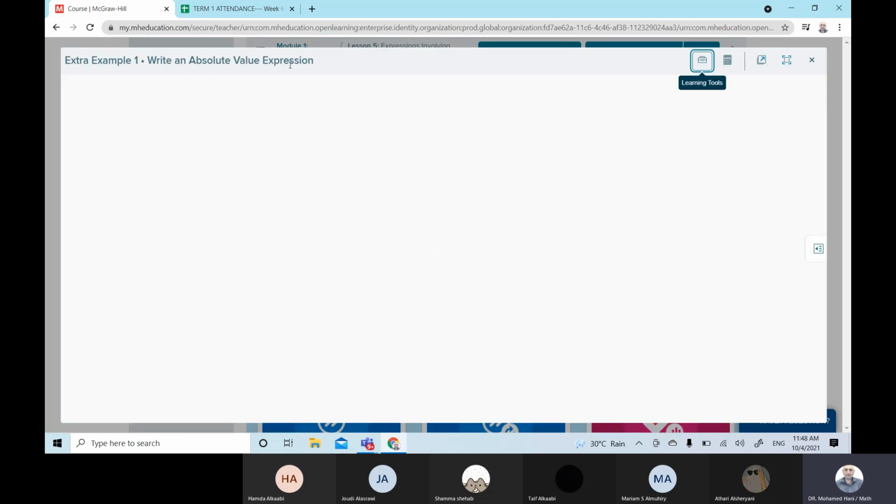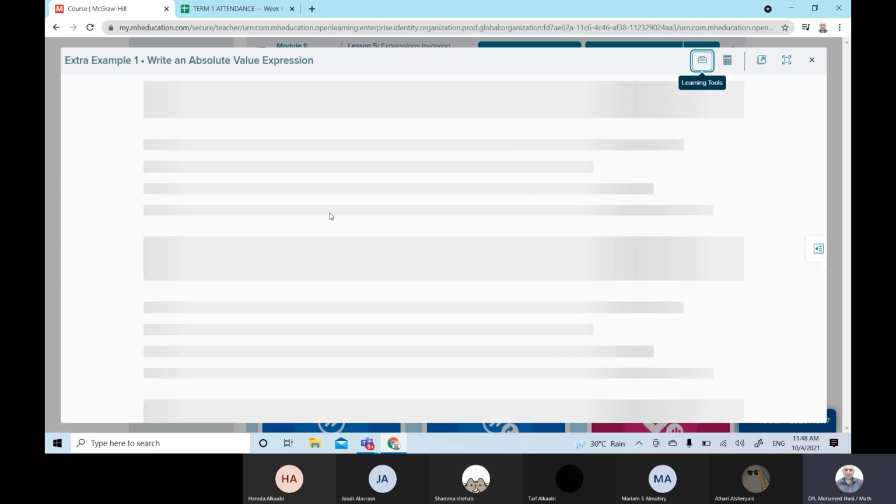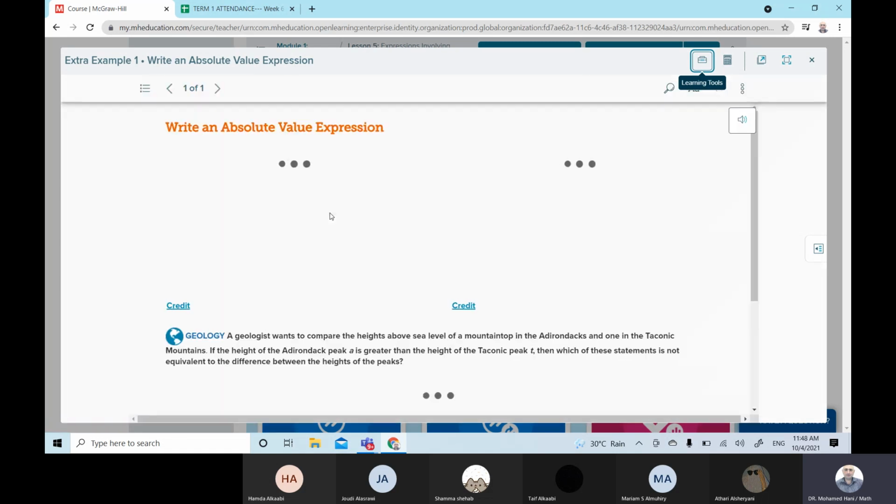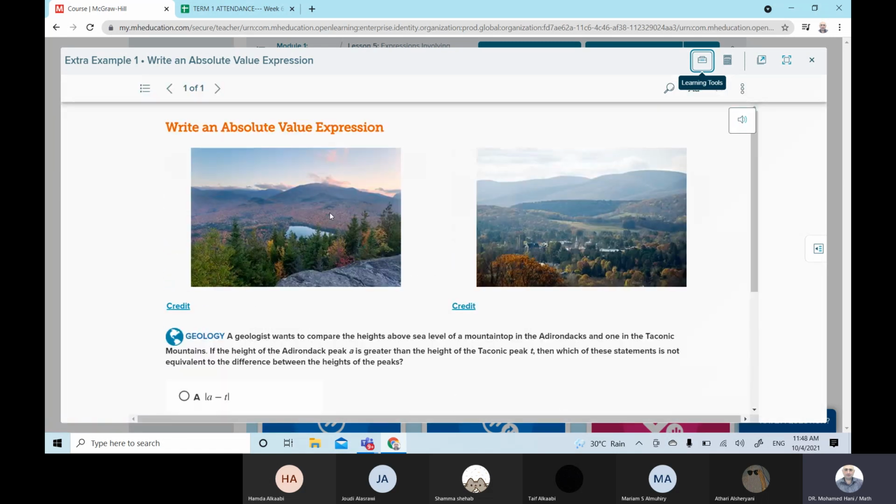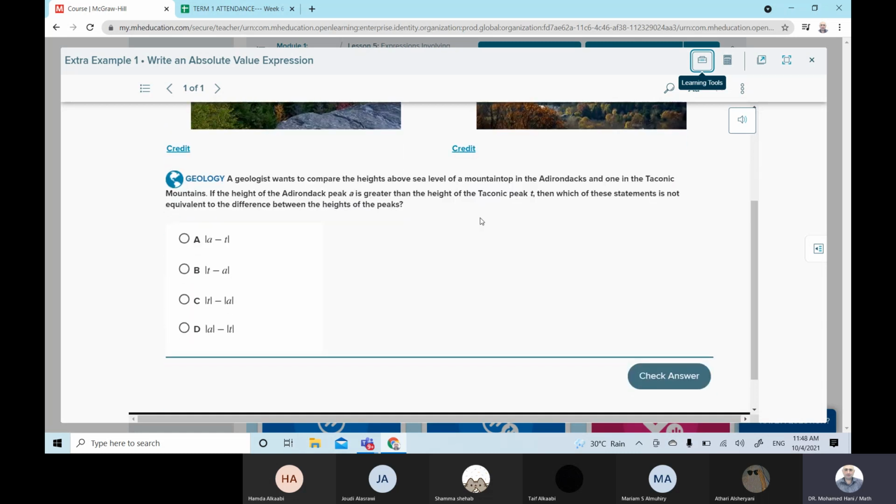Write an absolute value expression. Okay, who can read this exercise, please?